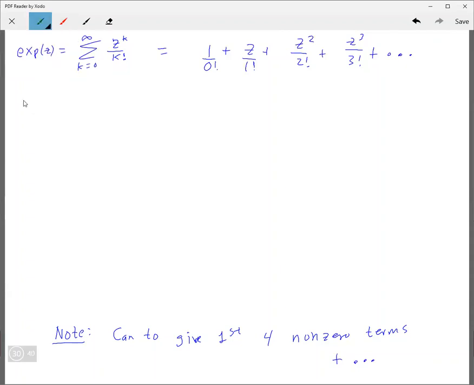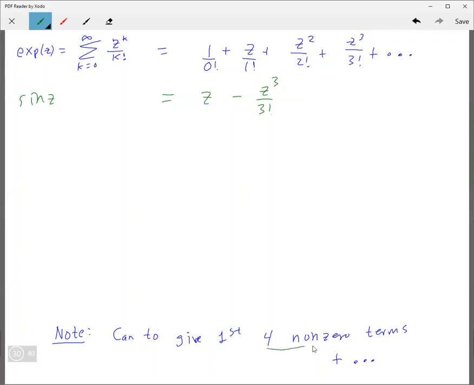Another one would be sine z. For that one, I'm not going to even worry about the formula. You can look that up if you want. But that's z minus z cubed over 3 factorial. So now we've skipped a couple of terms, the 0 term and the 1 term, but those are not non-zero terms.